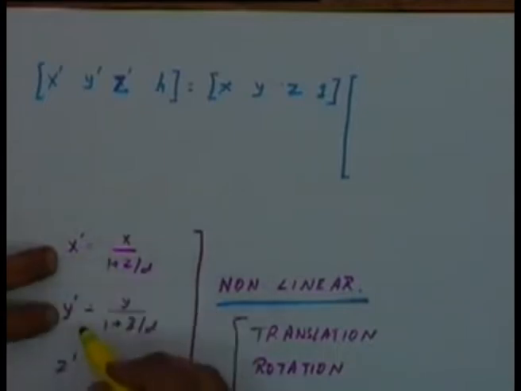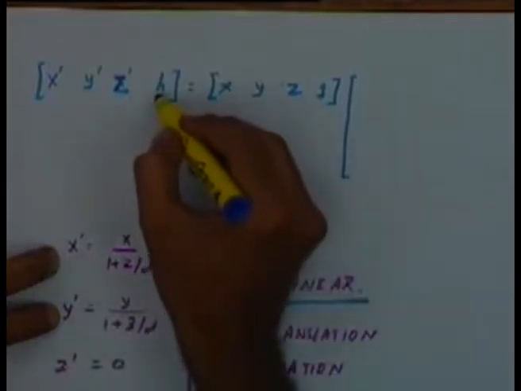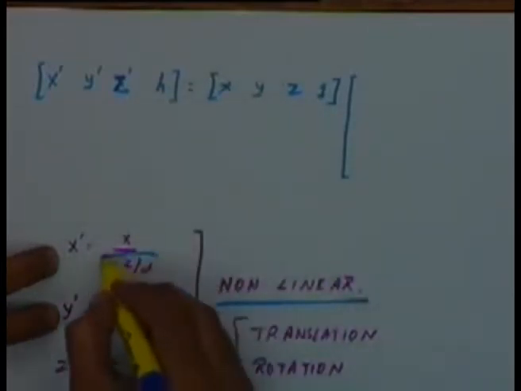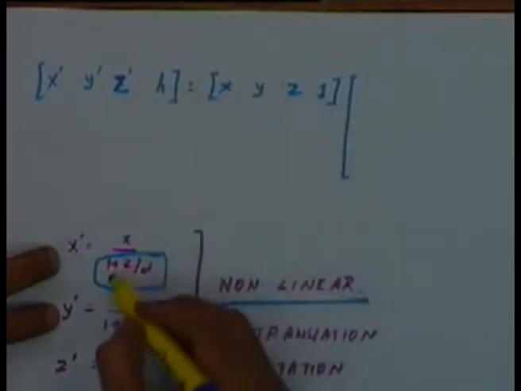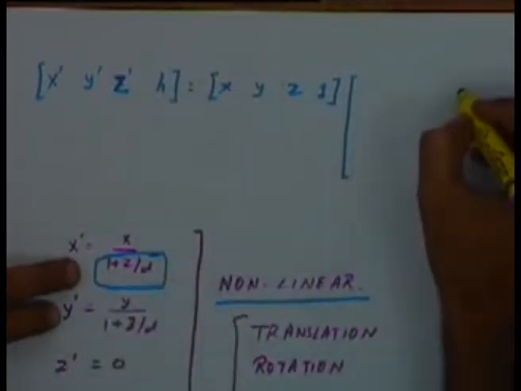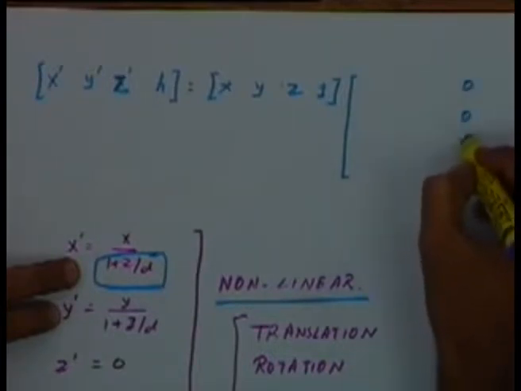Now both x prime and y prime are being divided by the term 1 plus z by d. So what we will do is we will get h equal to 1 plus z by d. For getting h to be 1 plus z by d, in the last column we will say 0, 0, 1 by d, 1.